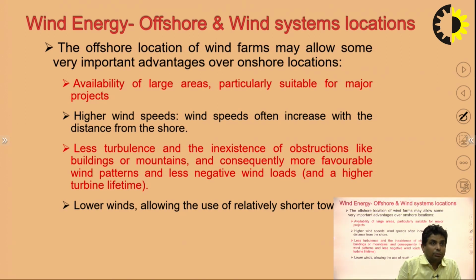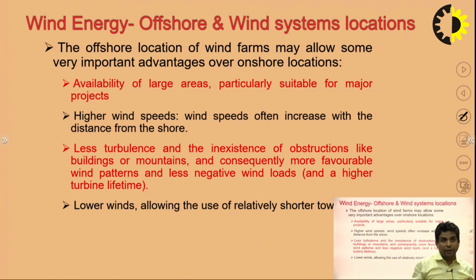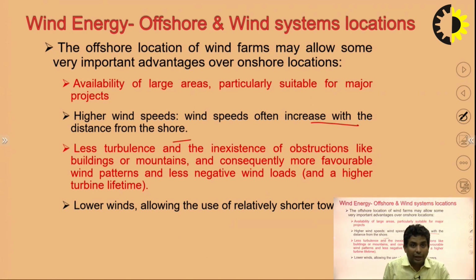Offshore wind system locations. The offshore location of wind farms may allow some important advantages over onshore locations, like availability of large areas, particularly suitable for many major projects, higher wind speeds, with wind speed often increasing with the distance from the shore, less turbulence, and the absence of obstacles like buildings or mountains.